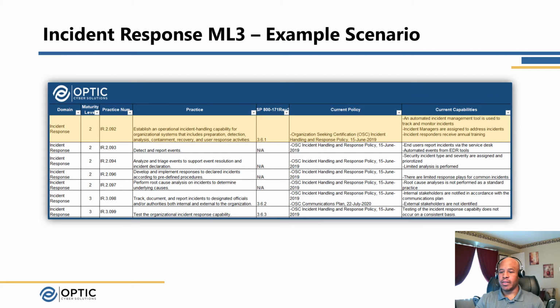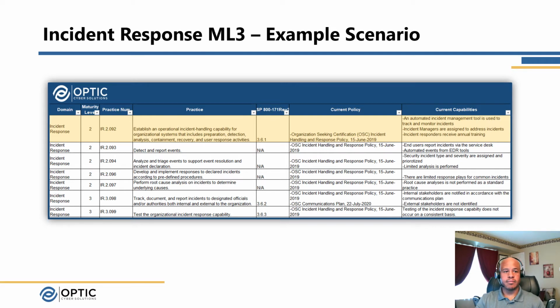Current capabilities: they have an automated incident management system to track and monitor incidents, they have incident managers assigned to incidents, and incident responders are receiving annual training. So what you're doing as an organization is documenting your current capabilities. As an example here, it's pretty high level, but you can be as granular as need be for your organization, and notice any deltas, anything in particular that needs to be called out to ensure that you're addressing the practice.